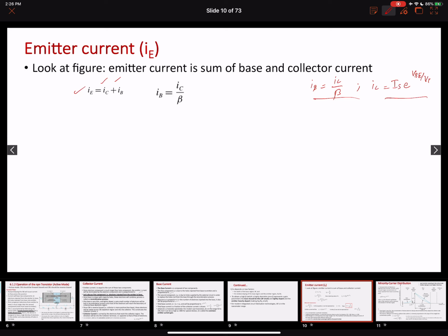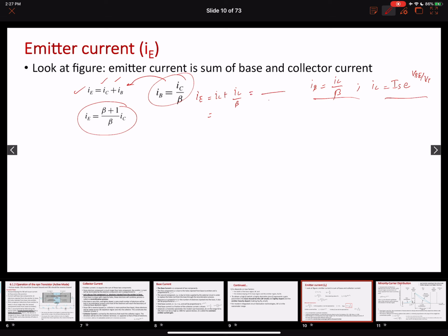If we replace and solve the equation, we have IE equals IC plus IC over beta. You can also try and solve this if you want.